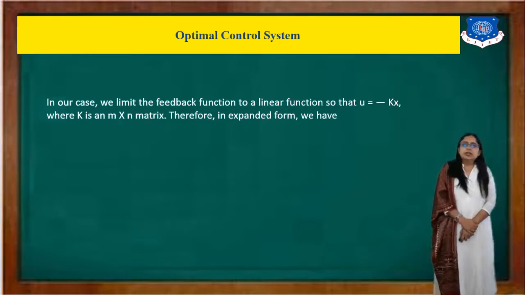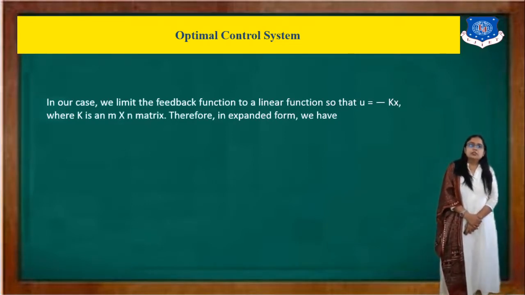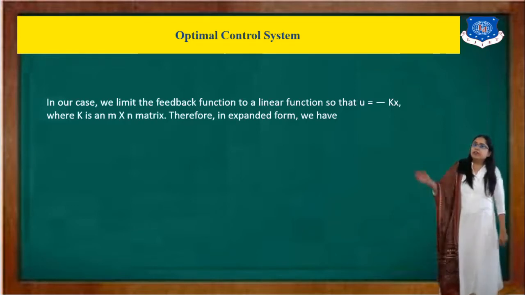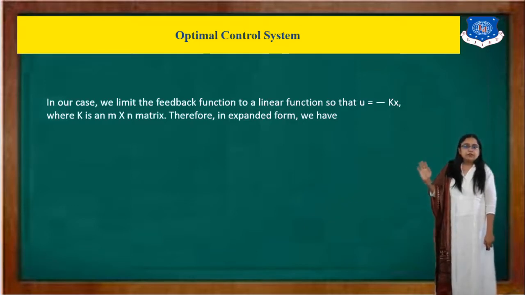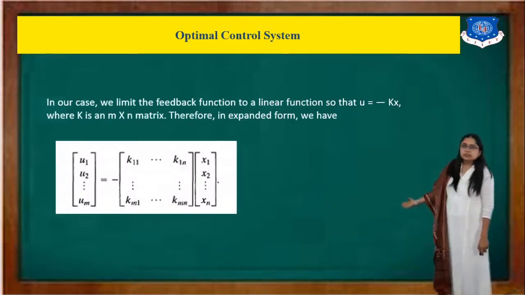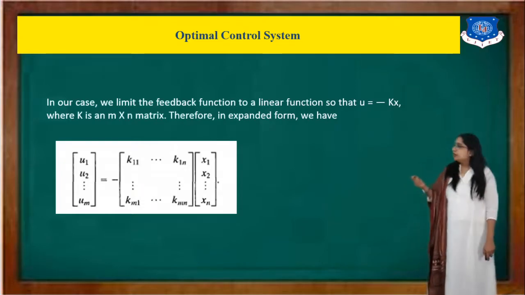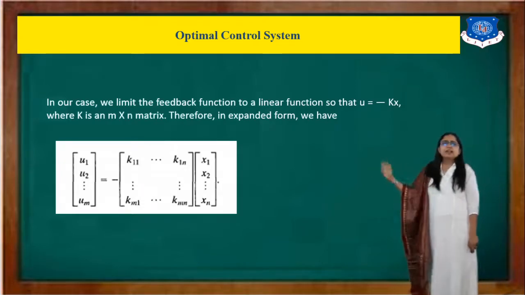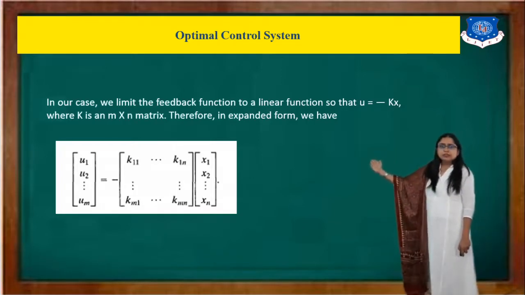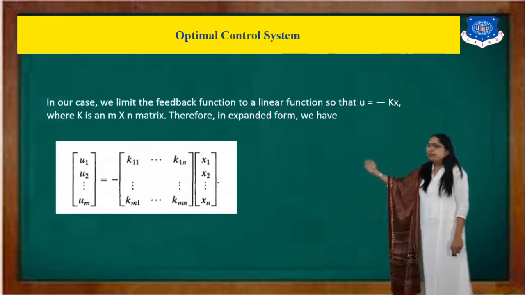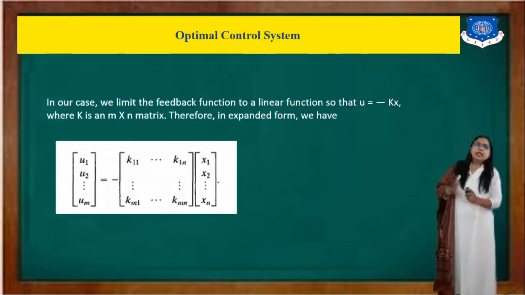Now, in our case, we limit the feedback function to a linear function, that is u equal to minus Kx, where K is an n cross n matrix. Therefore, if we expand this, u1, u2, um equal to minus K, which is an n cross n matrix: k11, k12, k13, k14, till k1n, and then km1, km2, kmn.